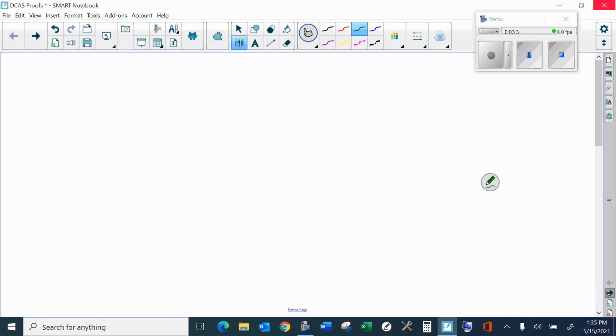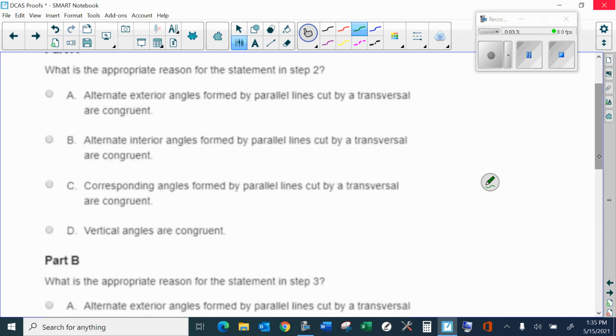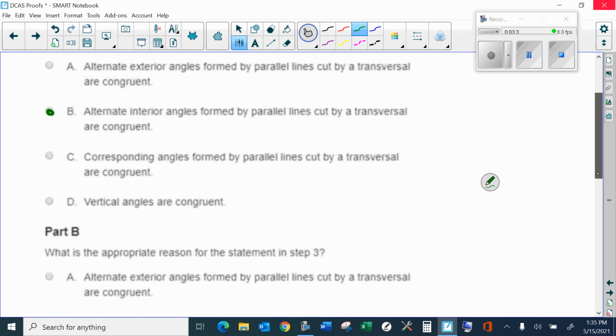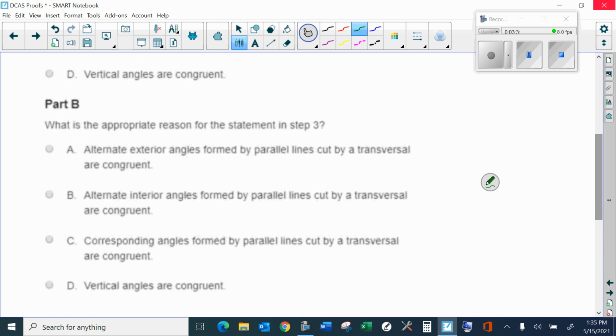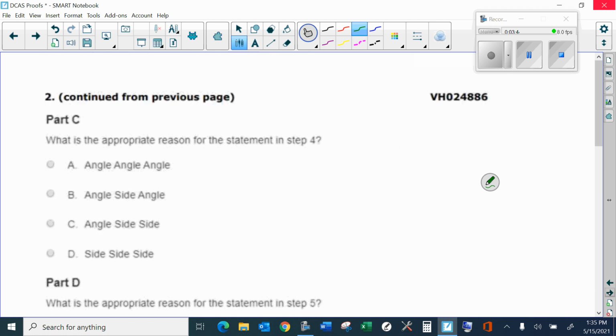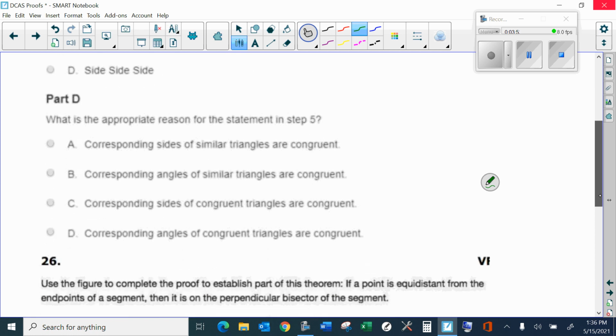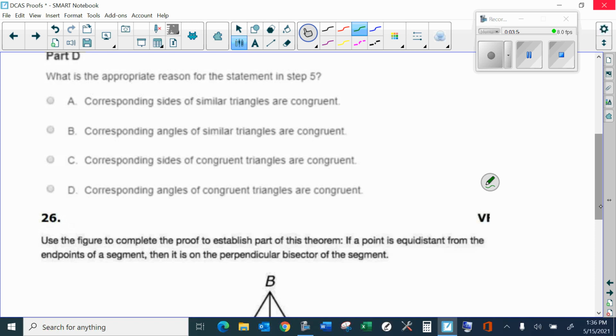Oops, didn't go to the next page. So here's all the steps. So there's your alternate interior angles for that one we had. There's your alternate interior angles again for the next one. Part C, step 4, it was congruent by ASA, angle, side, angle. Part D, we had CPCTC. Okay, corresponding sides of congruent triangles.